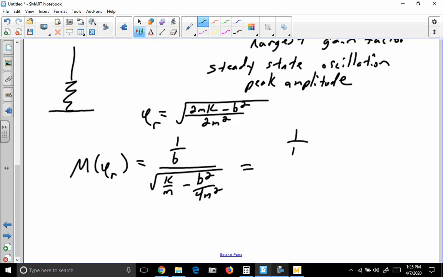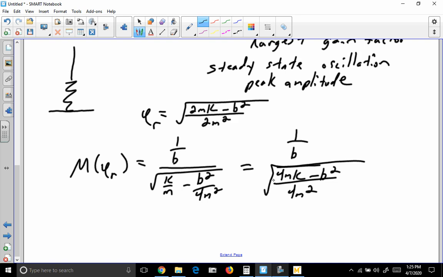If we get a common denominator of 4m squared, we would need a 4m here, so that over 4m squared. So either way that we want to write that.